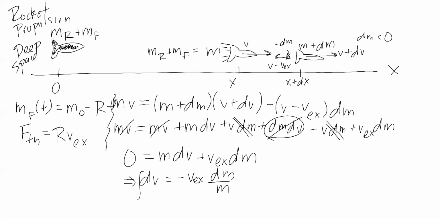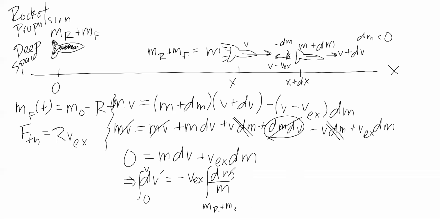So this is initial velocity, which is 0. And so this is going to be our velocity at some time. We're going to use a dummy variable. What are the limits of integration here? The starting value, which is mass of the rocket plus mass of the fuel. What is the upper limit?